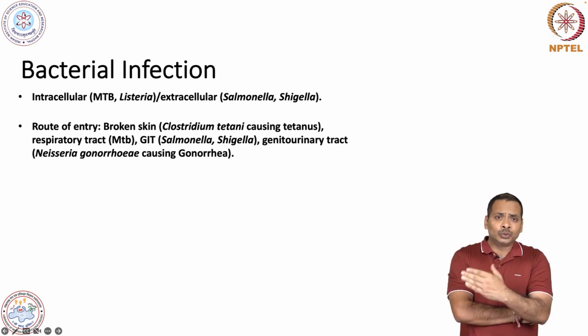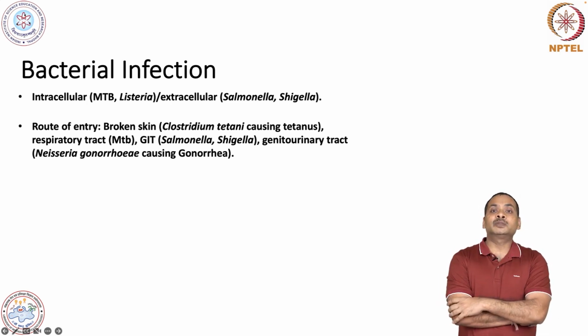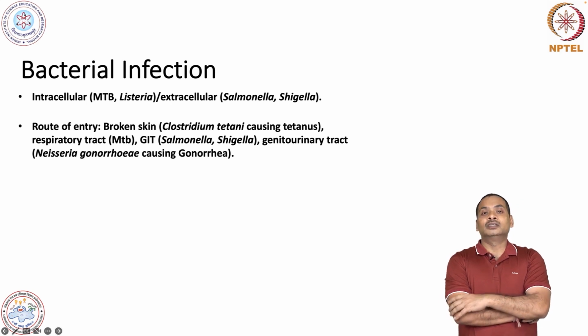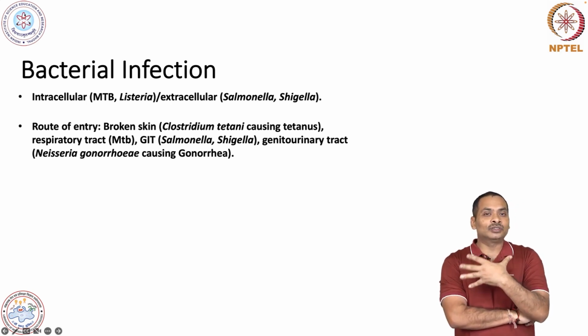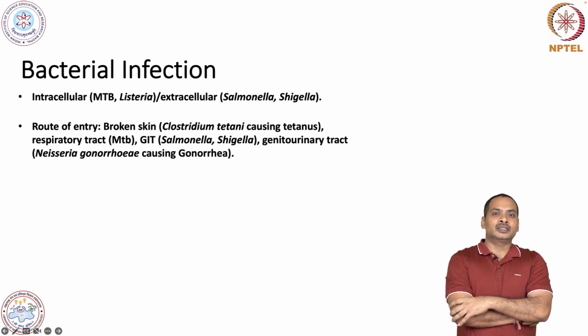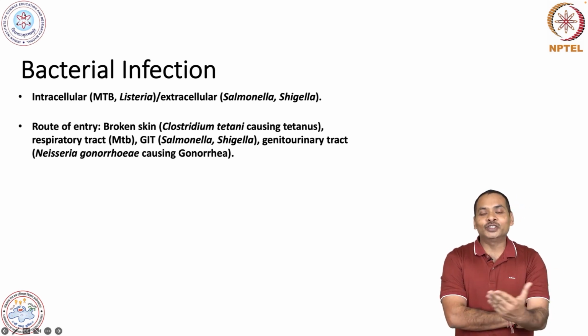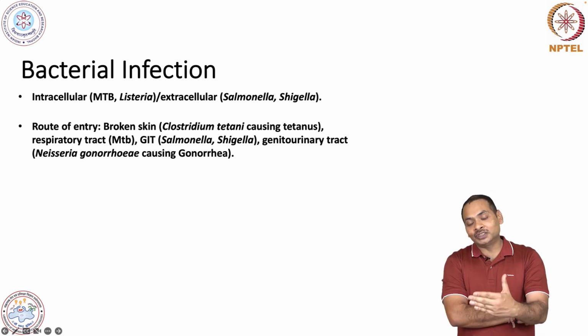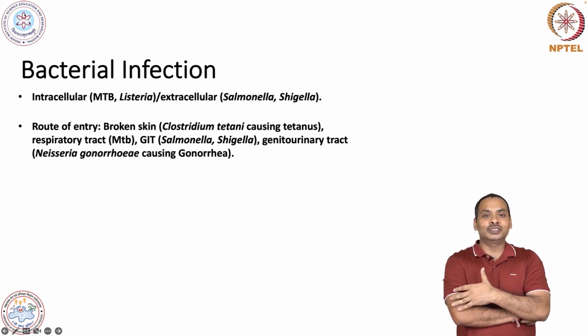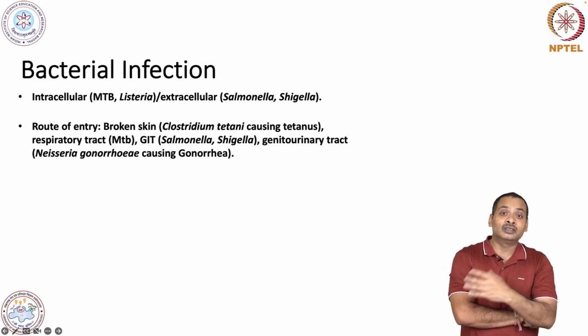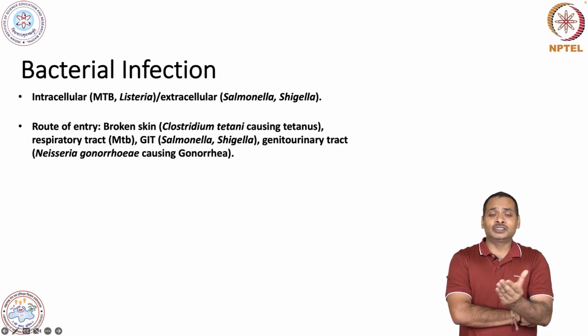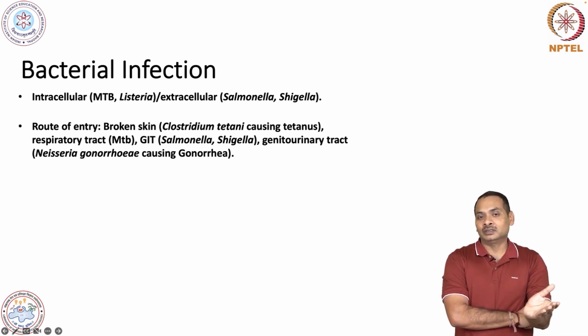Another route of infection is the respiratory tract. This is one of the key routes of infection in the modern world. There are a variety of microbial pathogens which infect the host through this route. It could be viruses. Viruses you are very well aware of, right?